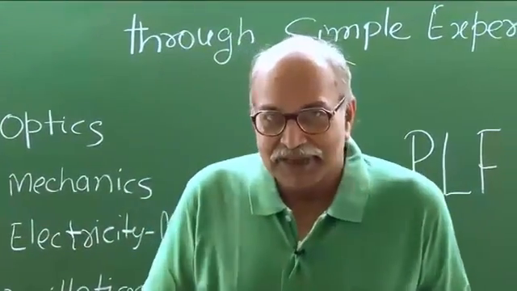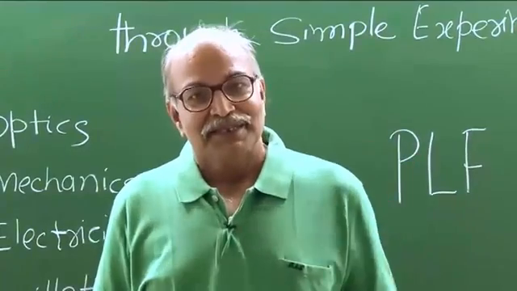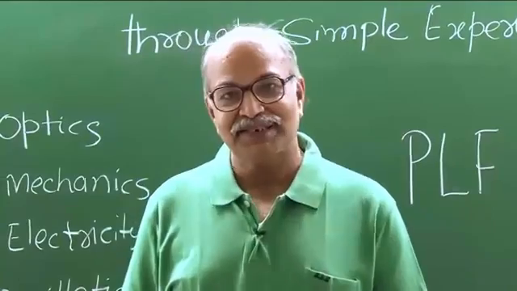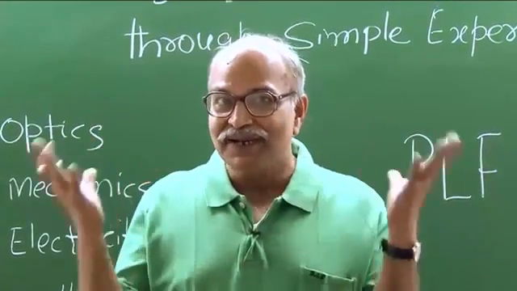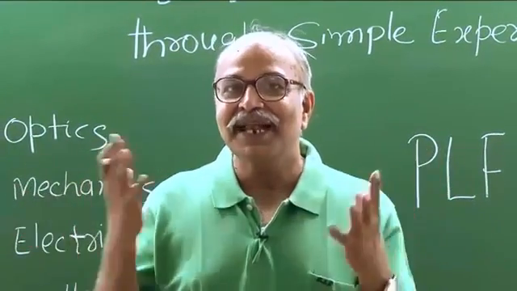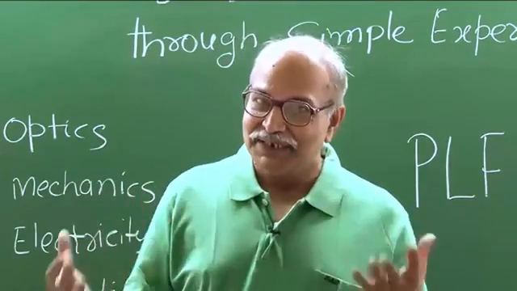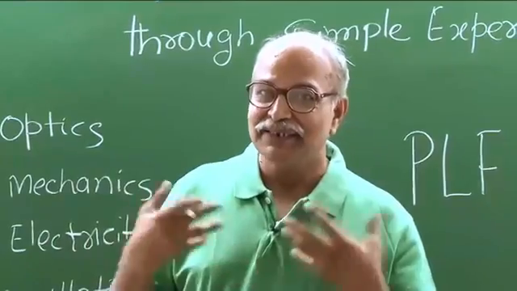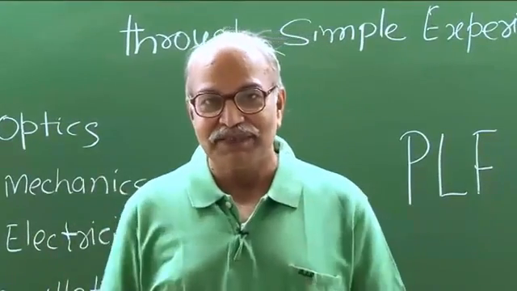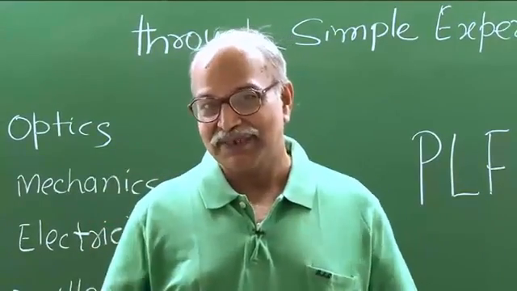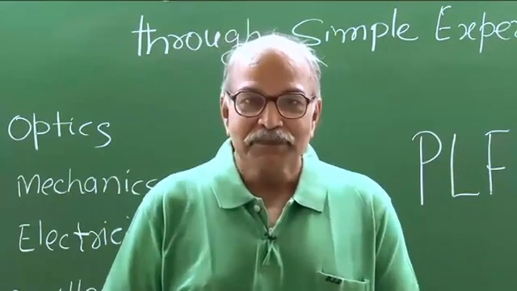Very simple, light. The day someone comes to this planet and opens eyes, the interaction with light starts. After that we experience so many things about light, we learn so many things about light, and then theories are developed and all other phenomena are there.